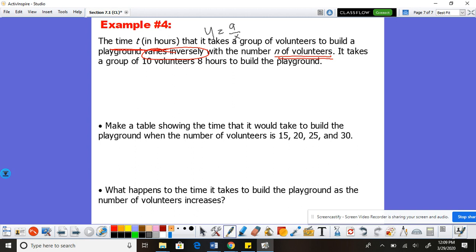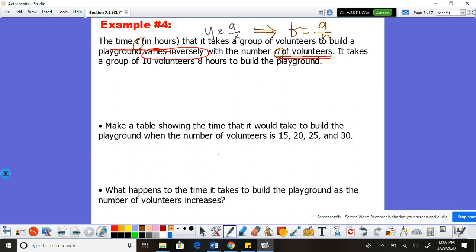So I'm going to change this equation from x's and y's to n's and t's. I can also write this as t equals a over n, where a is some constant.